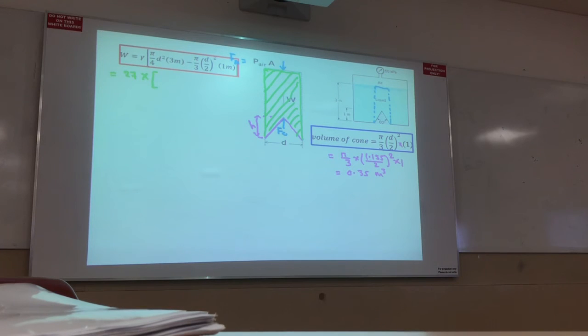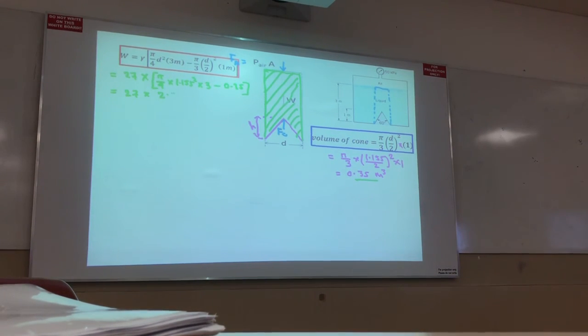pi by 4, 1.155 square times 3 minus the others, right? This is the others, 0.35. Then I get here 27 times 2.793.